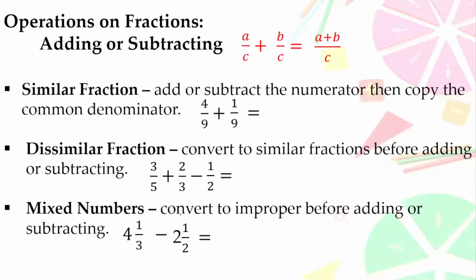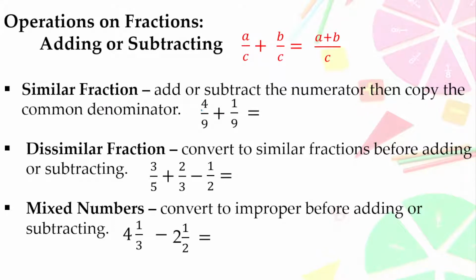So, first, we are going to tackle adding or subtracting fractions. The first one is similar fractions. By adding or subtracting similar fractions, you simply add the numerators and then copy the common denominator. So, simply lang po kapag similar fraction.